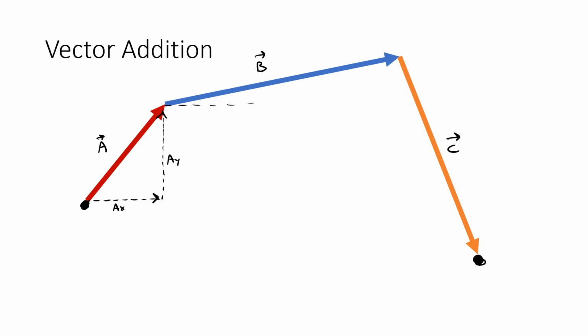Break up vector B into its component pieces: B sub x, and let me put it right here, B sub y. And then vector C is made of something slightly different. It is traveling downward. So that one will be C sub y, and then over to the right, C sub x.